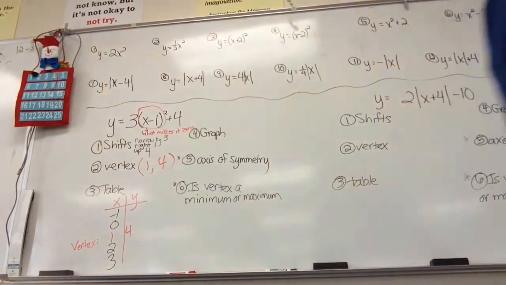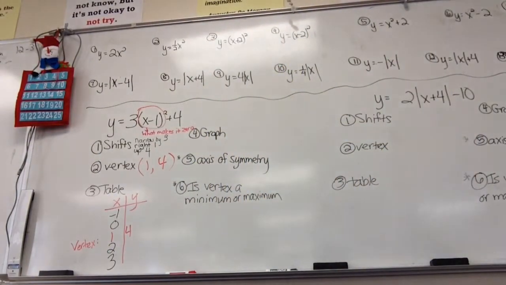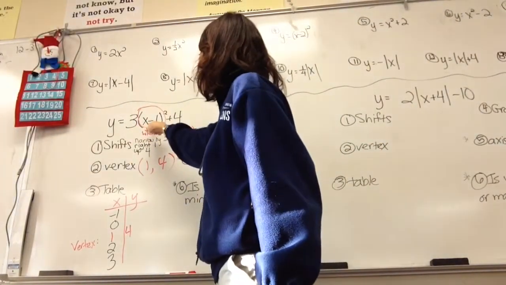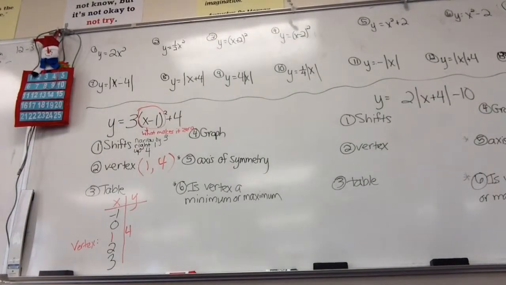How do you get the table to show up? What do you have to do first? First you have to do y equals and get it put in. Okay? So please type this in. And then go second, table.